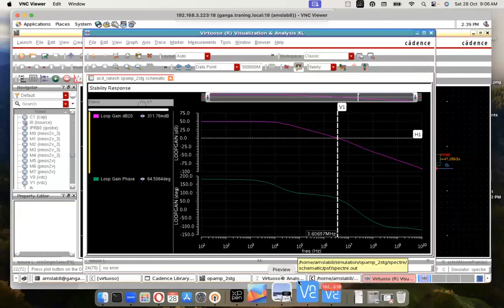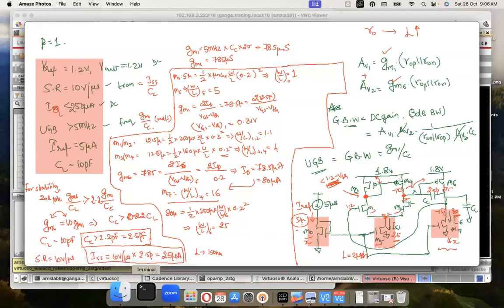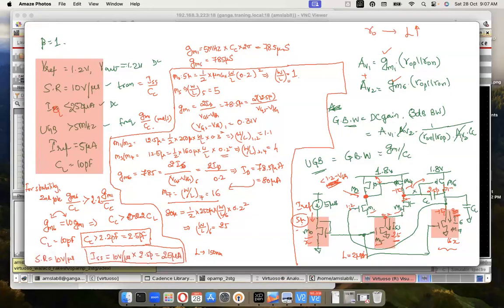Did we have a value for that? Yeah, unity gain bandwidth has to be greater than 5 megahertz, right? So we calculated it to be 5 megahertz, or we did all the calculations using these equations of UGB equal to GM1 by CC. We have CC of 2.5 picofarad. GM1 has reduced by almost 20% to 66 microsiemens from 78 microsiemens calculated. So it is reduced by a significant amount.